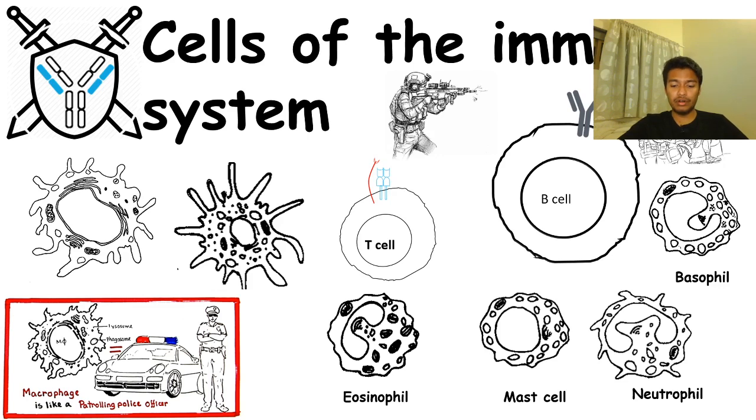Now we move on to understand cells of the immune system, because we have pretty much talked about the organs of the immune system, and this is the catalog of what type of cells you find in our immune system and how we can compare them with the defense system of our country, right? So here we have our B cells, T cells.